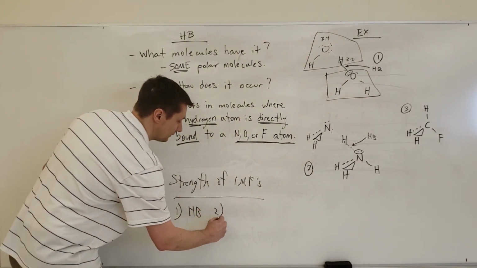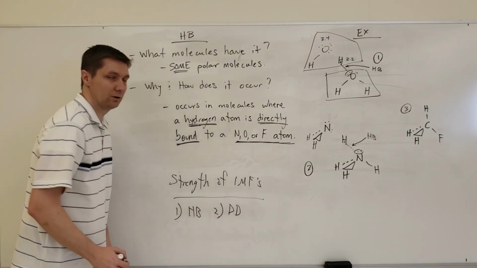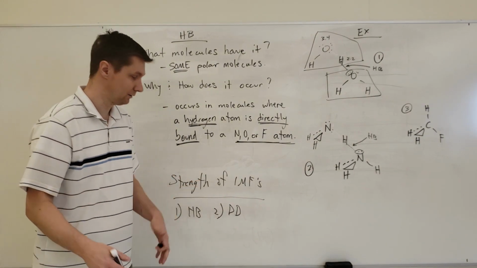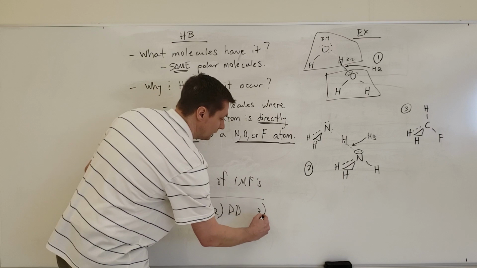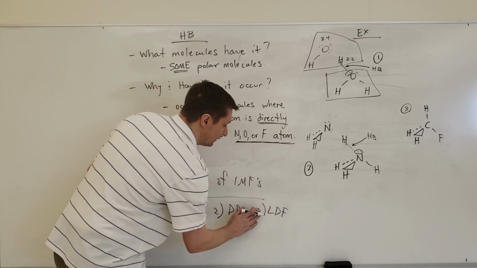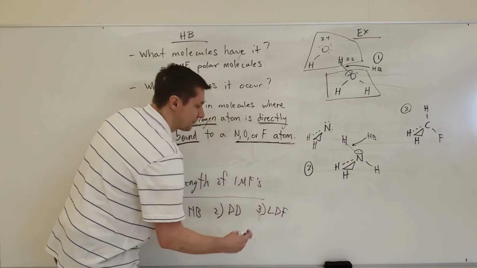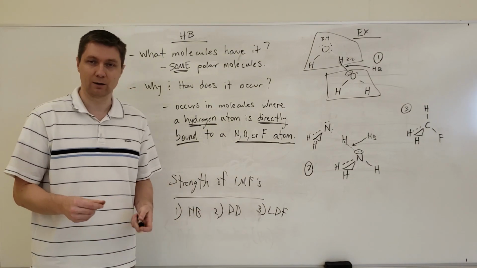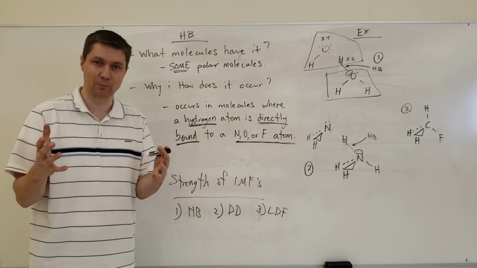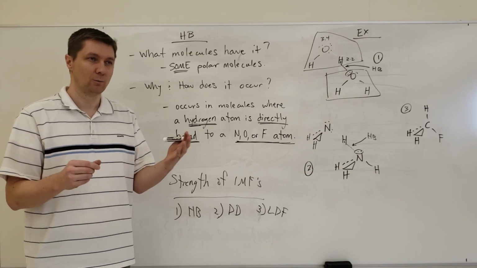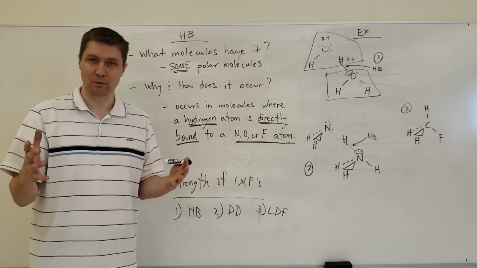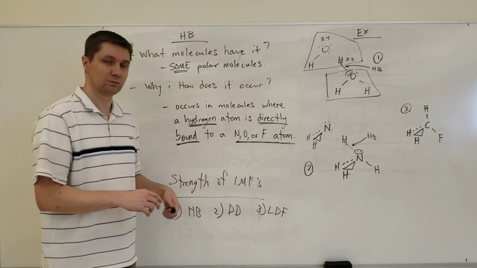The second is dipole-dipole, because it's an interaction between partial charges that's permanent. And the last one, the weakest, is London dispersion forces. That's the weakest because, like a dipole-dipole, it's an attraction between partial negatives and partial positives, but that attraction is only temporary, unlike the dipole-dipole force that's permanent.